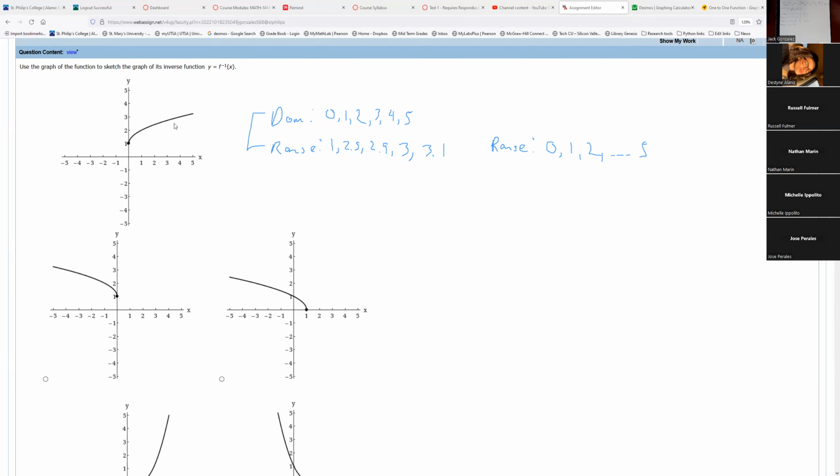This didn't have any negatives in domain or range, so it doesn't make sense for the inverse to have negatives. If the original had negatives, then the inverse should also have negatives. Depending, right? So if this was pointing that way, then we would have negative x values, so the range would be negative.